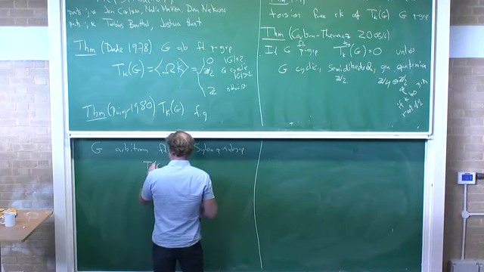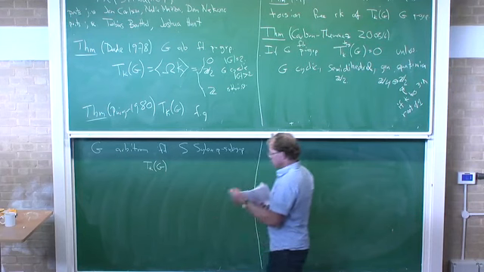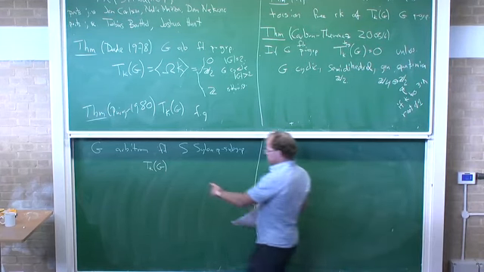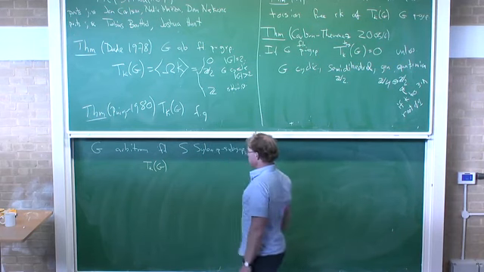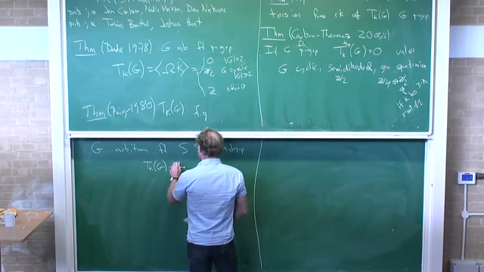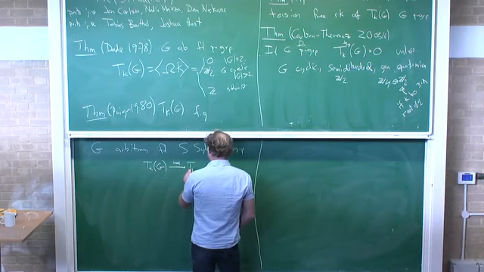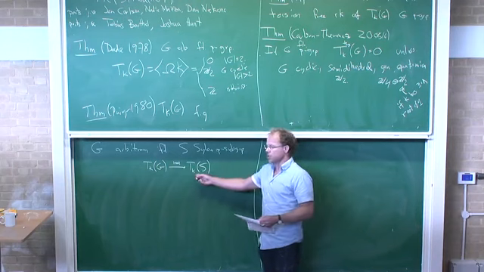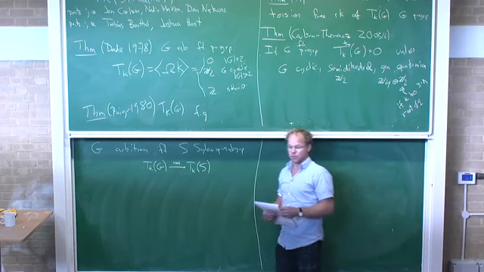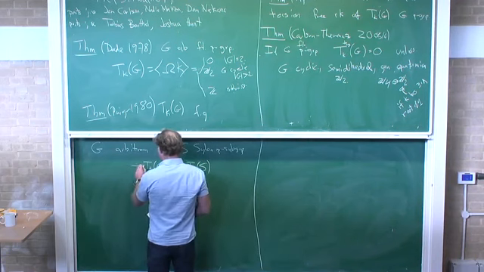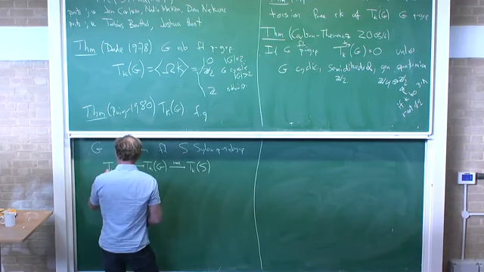Now we want to understand the Picard group of KG, and we know what happens. We completely know this group here, so we can look at the restriction map. And we can look at the kernel.